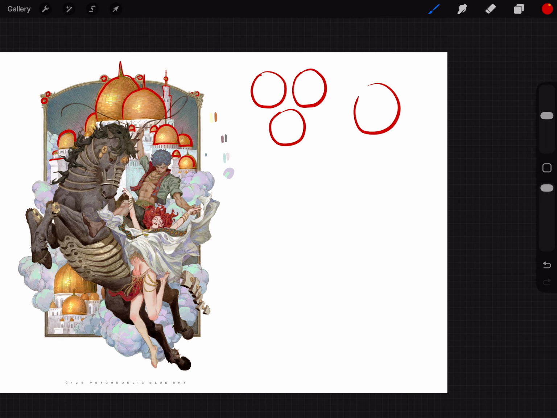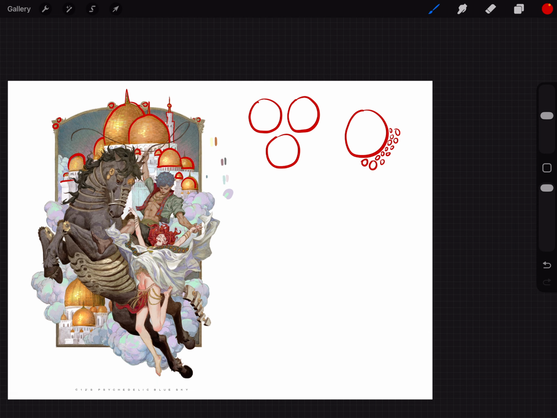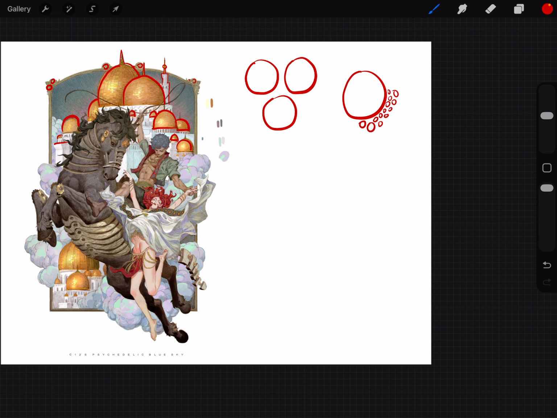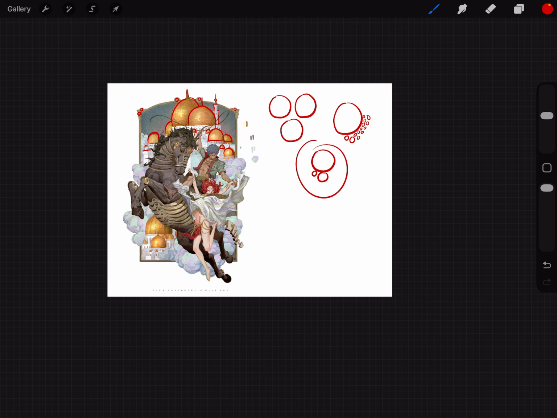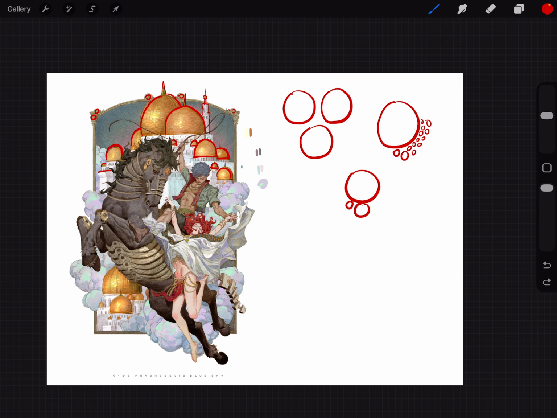But if you take one circle and then you start putting a little pattern around it, and then maybe you do another one like this, this starts to feel, well, let's take that away. It starts to feel like there's some sense of design, right? Maybe that's too many. Maybe I should do it more like this, right? That starts to feel like a design right there. There's big, there's medium, there's a small shape.